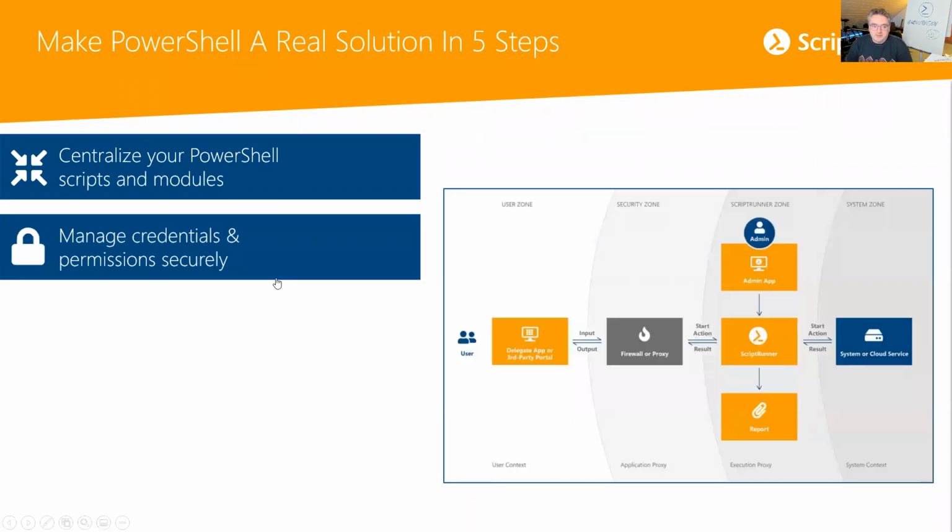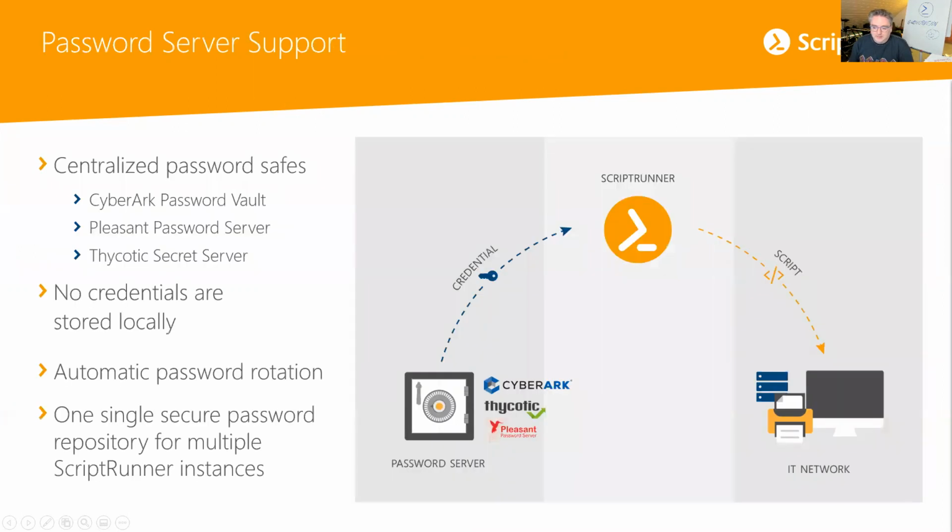The second step here is really thinking about the credentials and the permissions. And credentials means, as I said, centralizing the whole concept and all the information. It could mean using the Windows Credential Store, or another option is using already existing password servers, which enables you, if you're using password servers, to probably have things like password rotation and stuff like that.